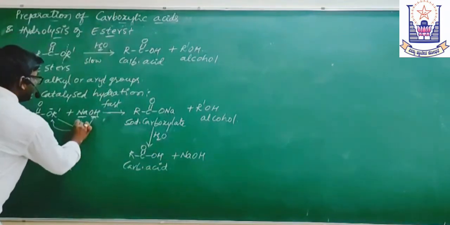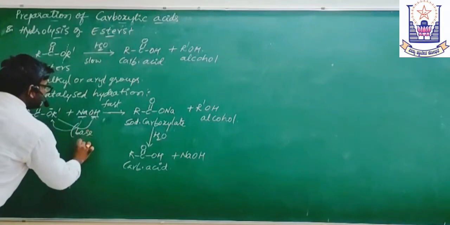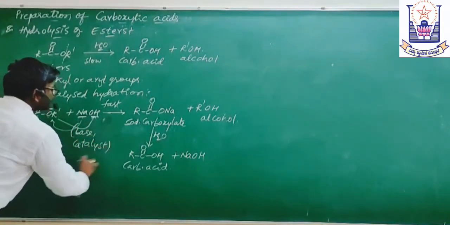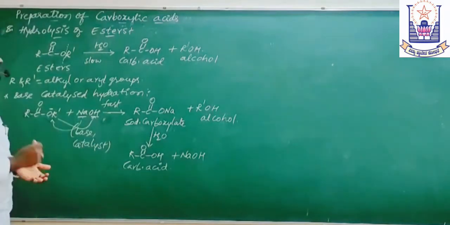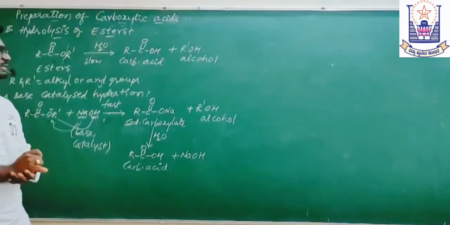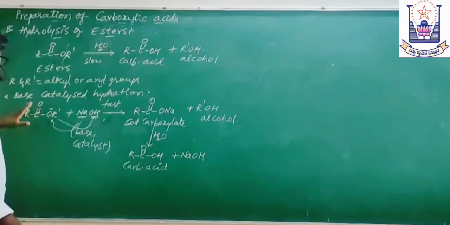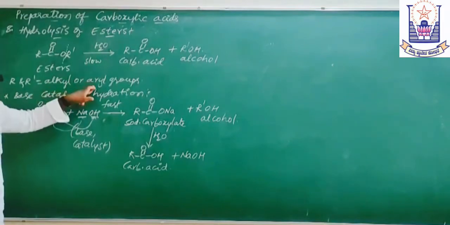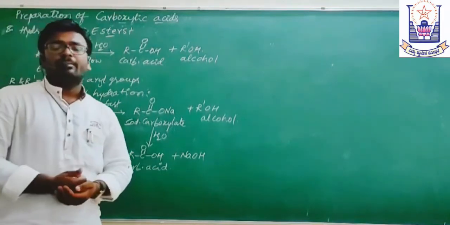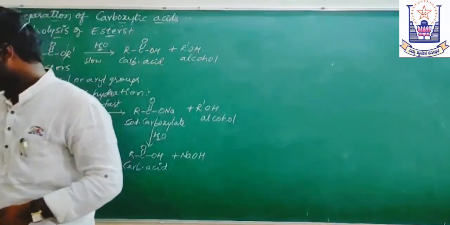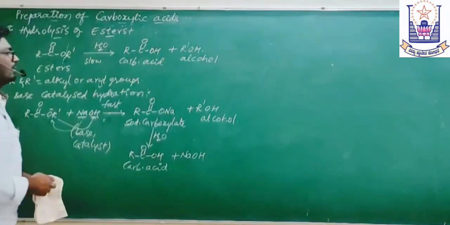Therefore, a base is used as a catalyst. So this is all about base catalyzed hydrolysis. Here R and R dash may be alkyl or aryl groups, and you need to practice that. I will show you one example.